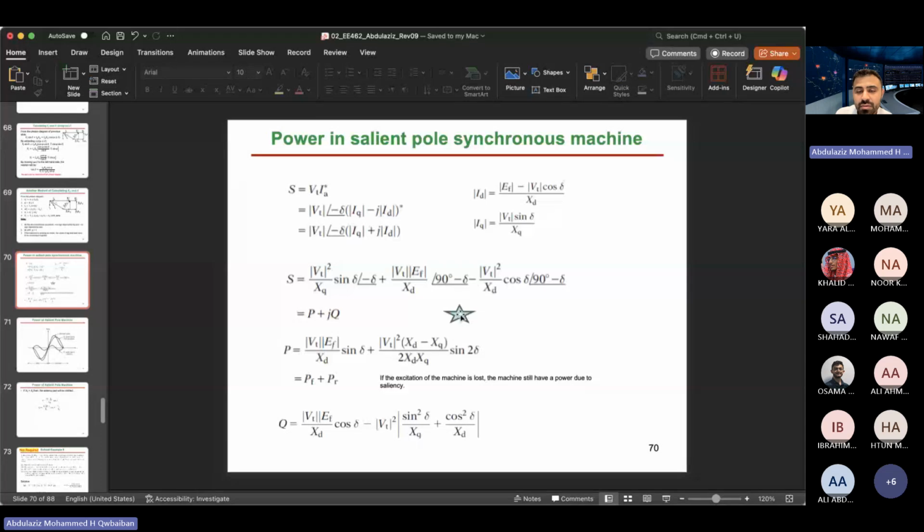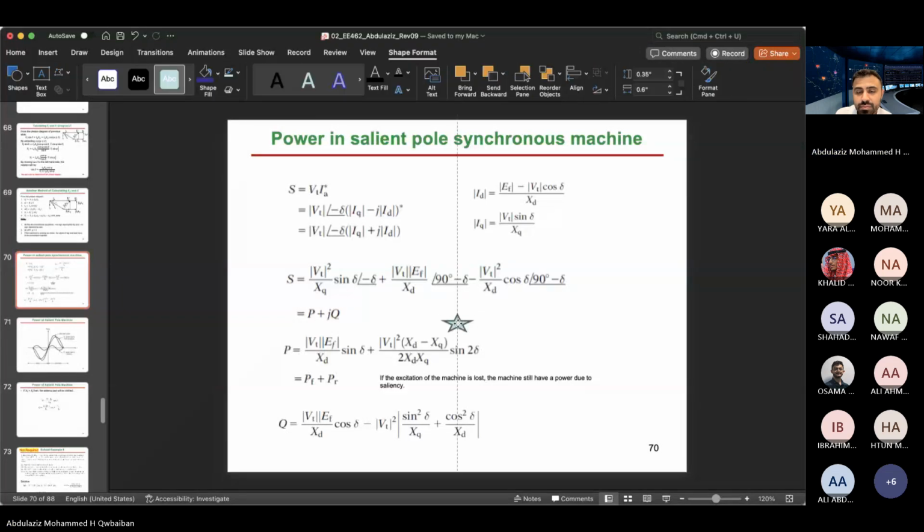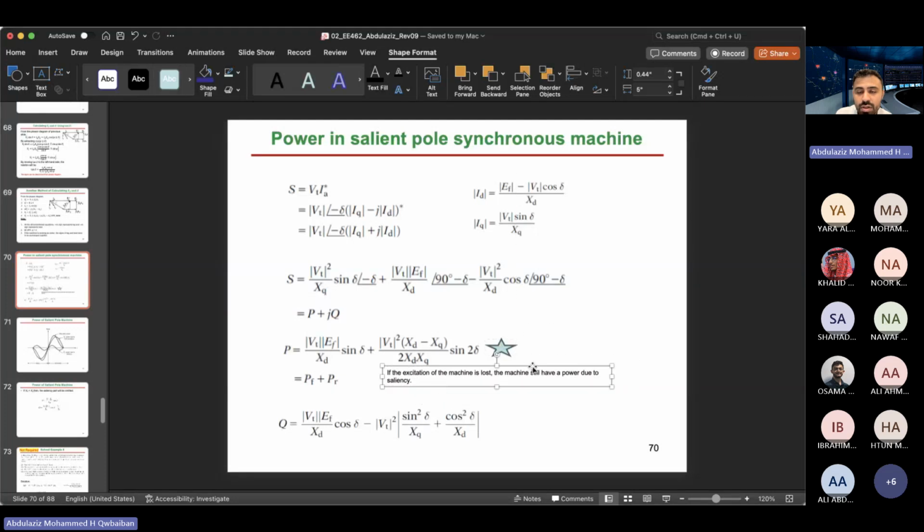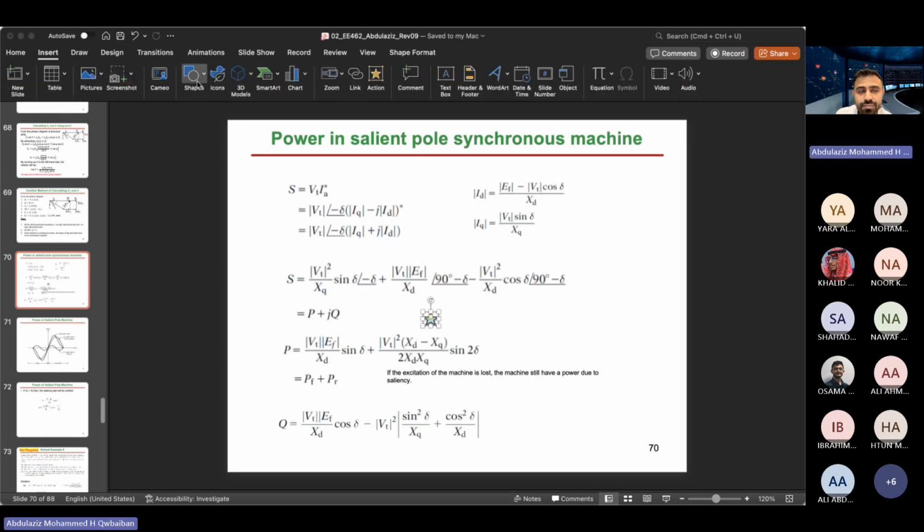So you see the star? This is the star. If the excitation of the machine is lost, the machine will still have power due to saliency, which is the star part. Okay? This part.